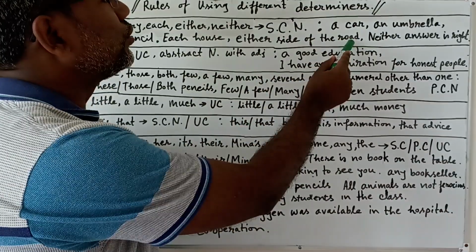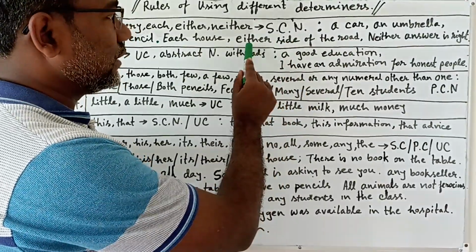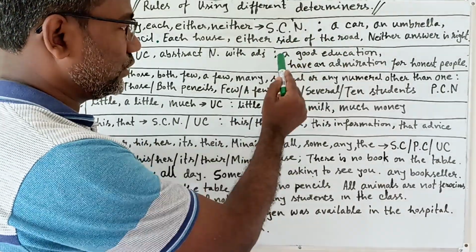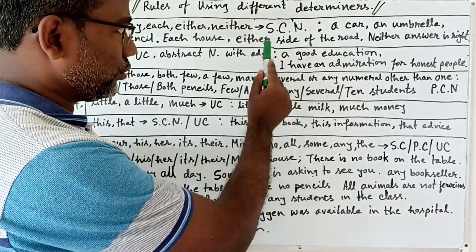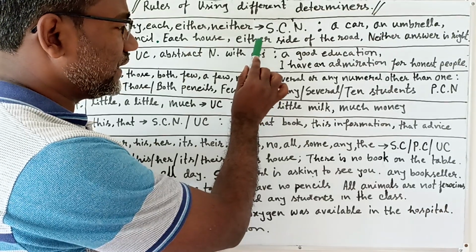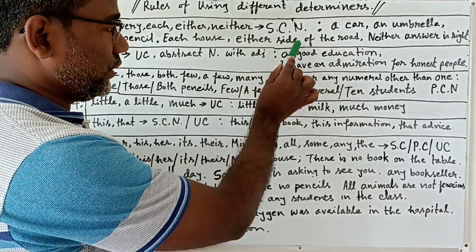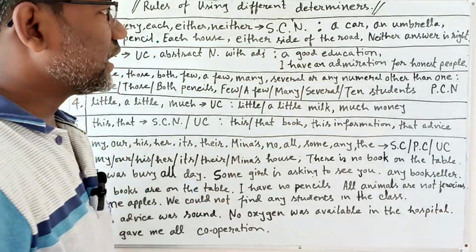Here there is a road which has two sides, and you can say both sides of the road or either side of the road. When you use either, you have to use singular. When you use both, you have to use plural.